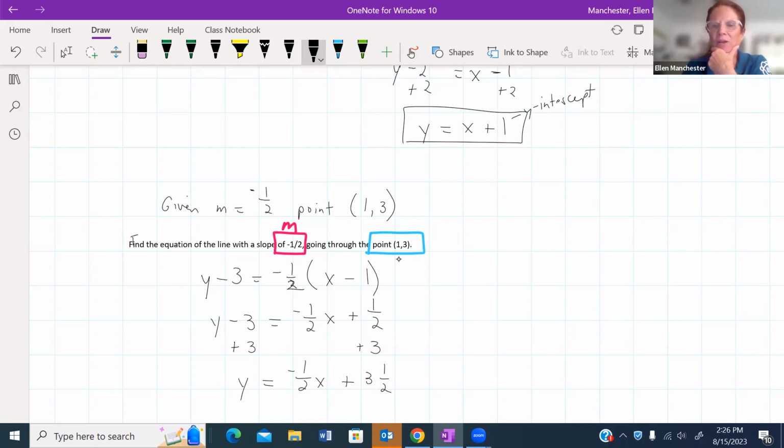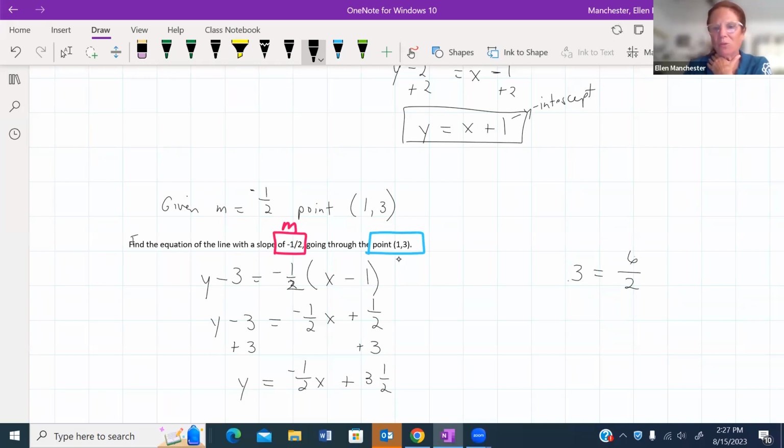Now, if you want to find out how to add fractions, right? This is why we did fractions at the beginning. So we're going to change the 3 into something over 2. We're changing it to a fraction. So all you're going to do is multiply the whole number times the denominator. So 3 times 2 is 6. So 6 divided by 2 does equal 3.